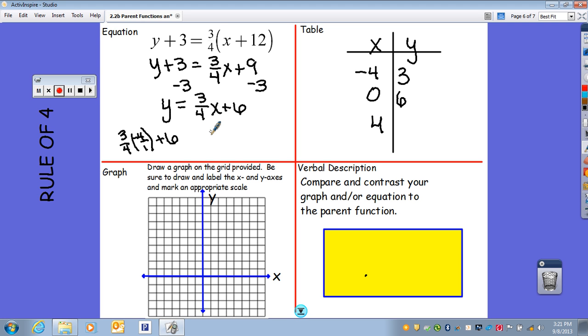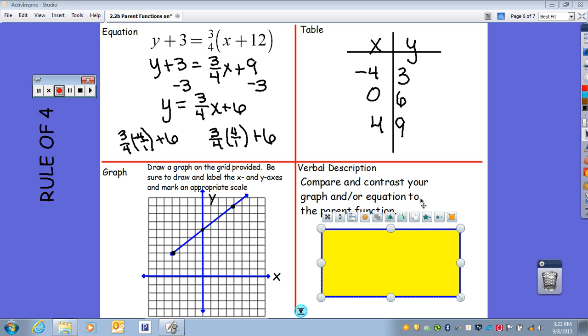And then if I take 3/4 times a positive 4 over 1, that's 12 over 4, which is 3, and 3 plus 6 is 9. Now I want to graph these 3 points in the coordinate plane. After I graph the 3 points, I want to draw a line to connect them.